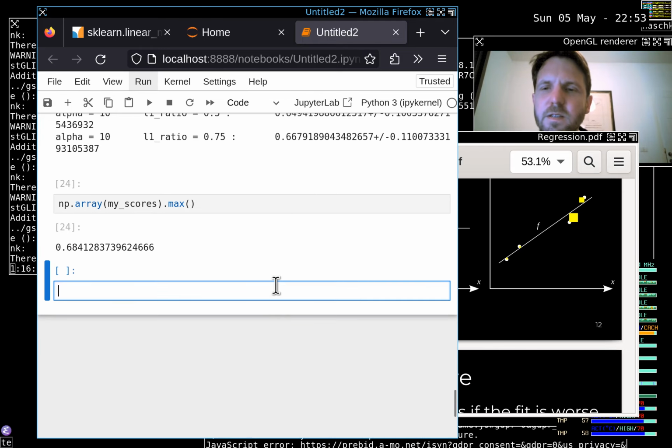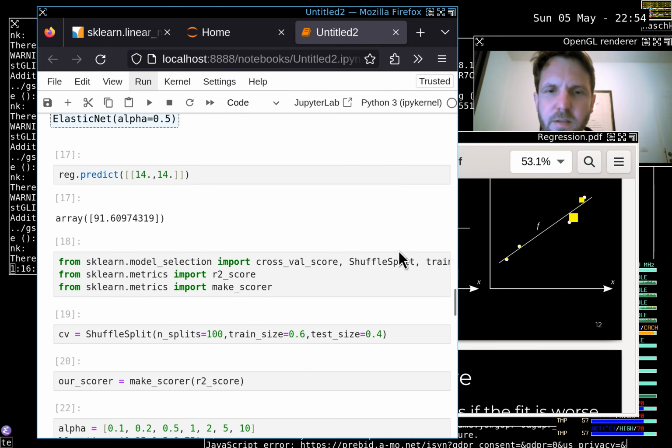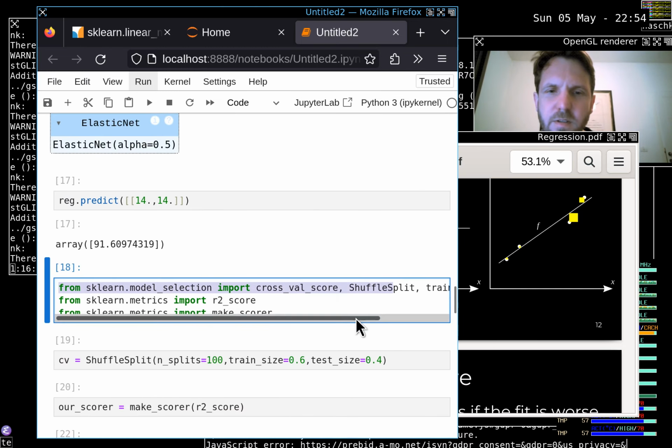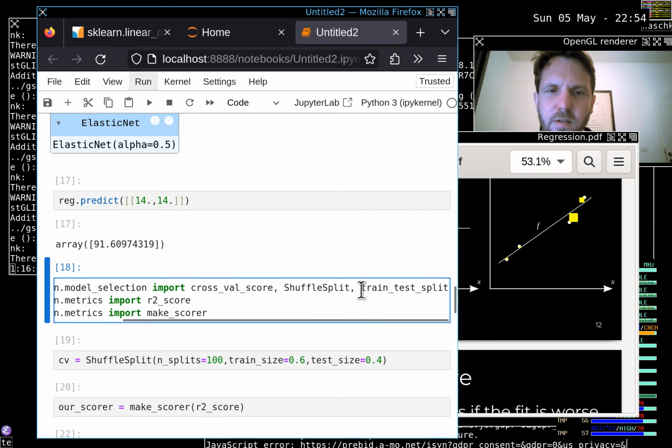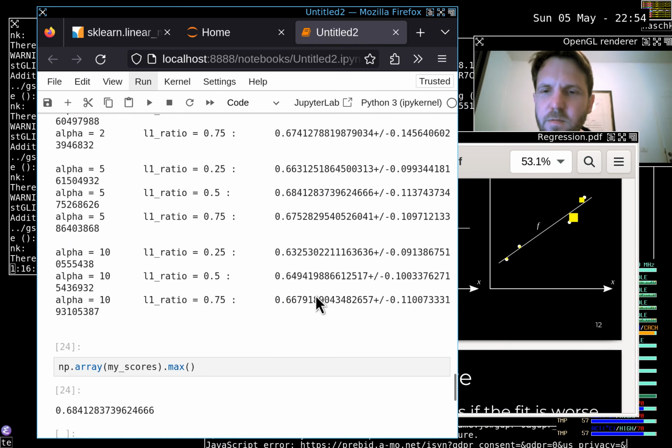So we do x train, y train, x test, y test, and then we do the train test split that we have here. I will just copy paste this to be a bit faster.